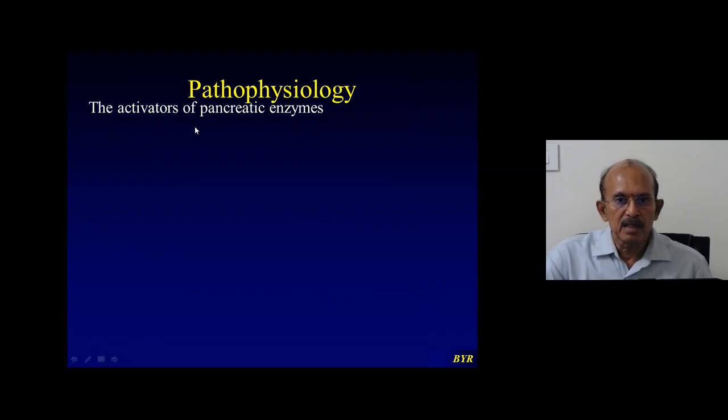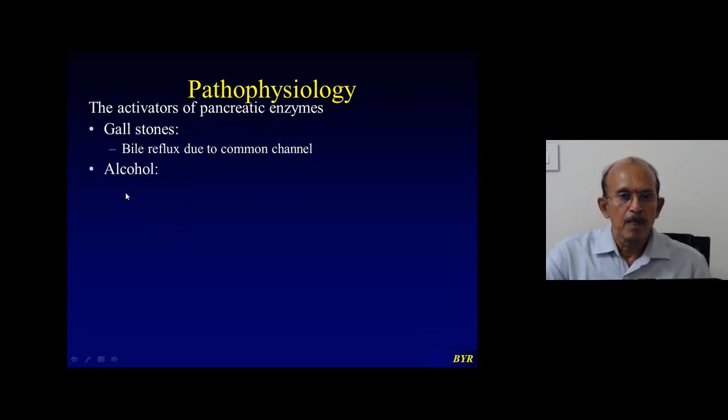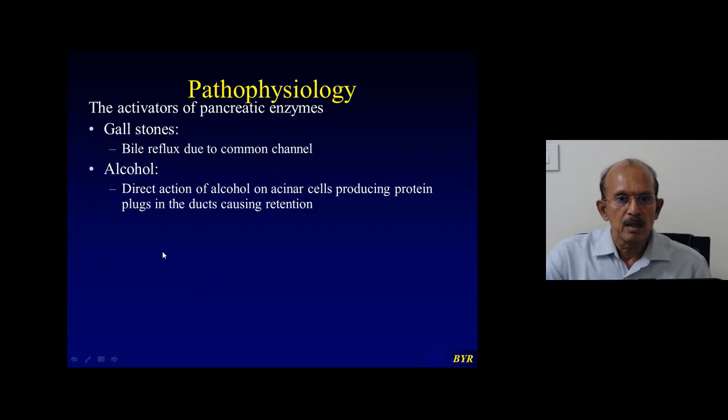The activators of pancreatic enzymes are gallstones with bile reflux due to the common channel. Alcohol: direct action of alcohol on acinar cells produces protein microplugs in the ducts causing retention. So whenever there is retention and stasis, there will be reflux of contents into the pancreatic ducts leading to activation.